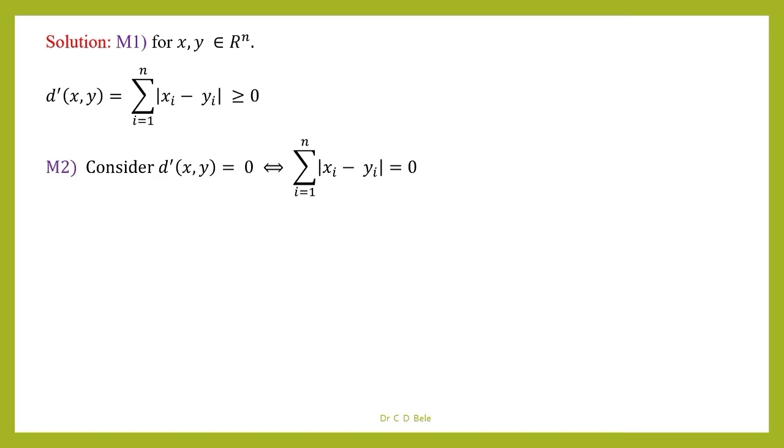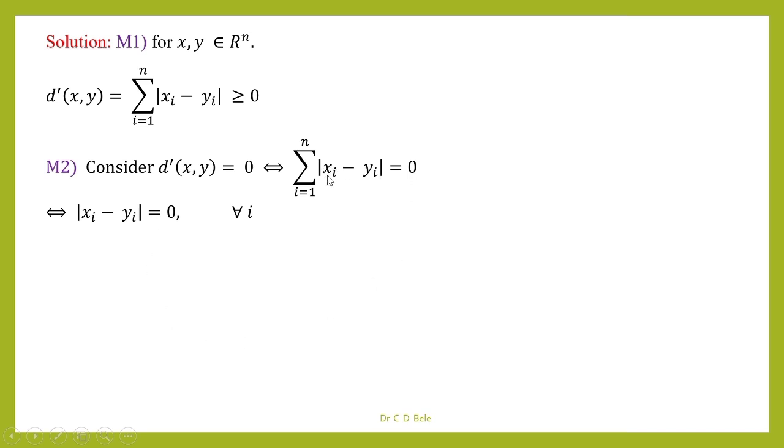Now next, consider d'(x,y) equal to 0. We have to prove the coincidence, meaning now we have to show x is equal to y. So by definition of d'(x,y), we get the summation of the absolute value of xi minus yi, i equal to 1 to n, equal to 0.